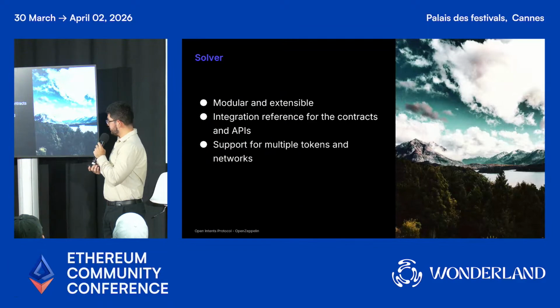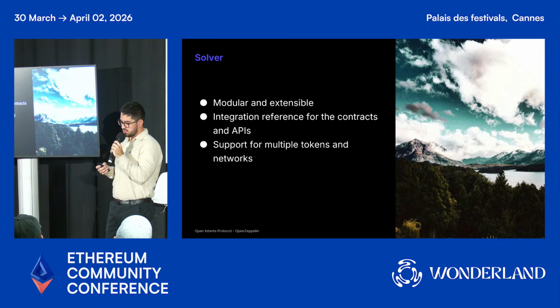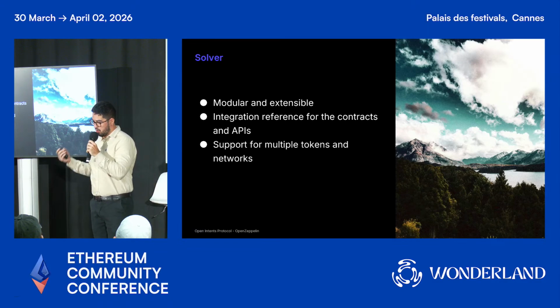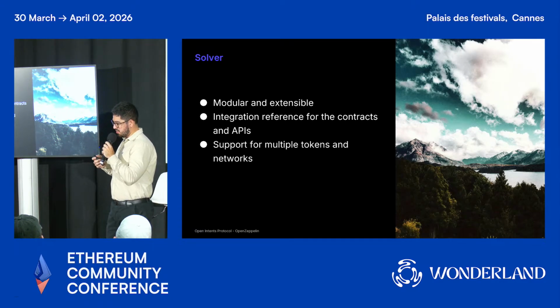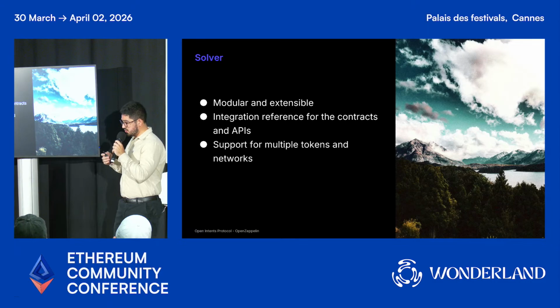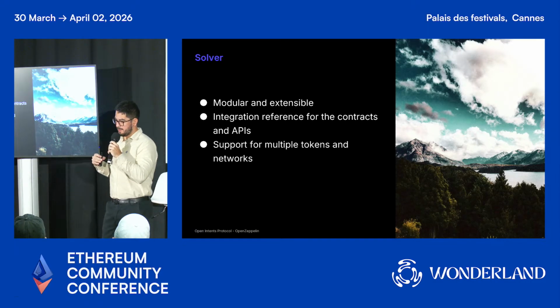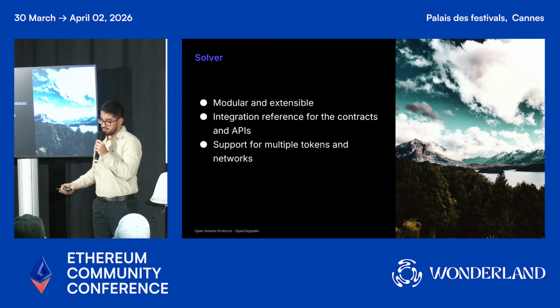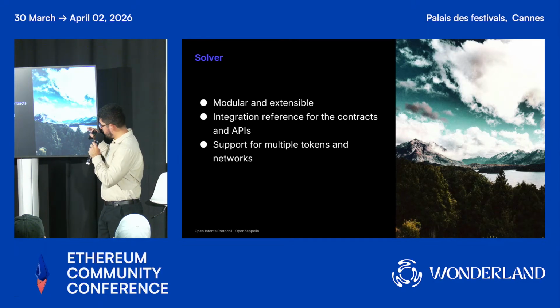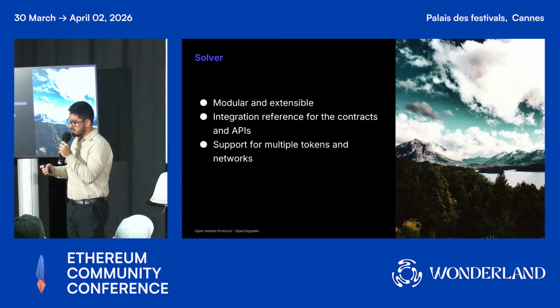The solver. When I started the talk, I mentioned the solver because it's really complex to build. If I want to run something, it's not easy to manage balance, manage different assets, use different solvers. So we have built a really modular solver that works with many assets.